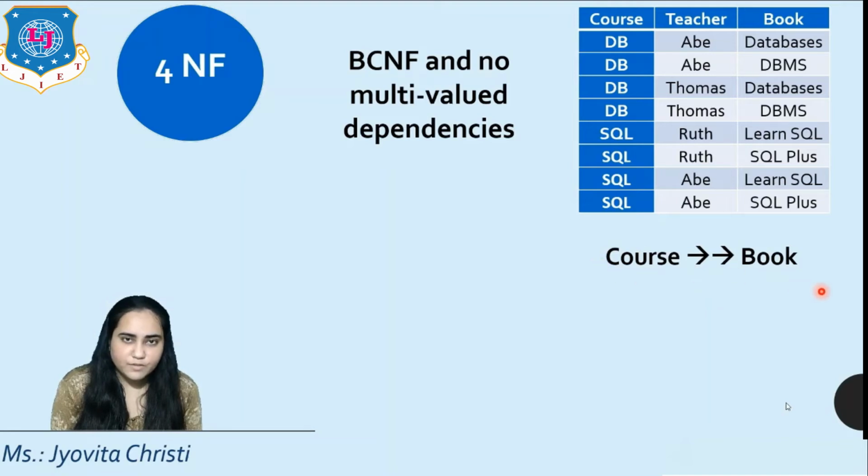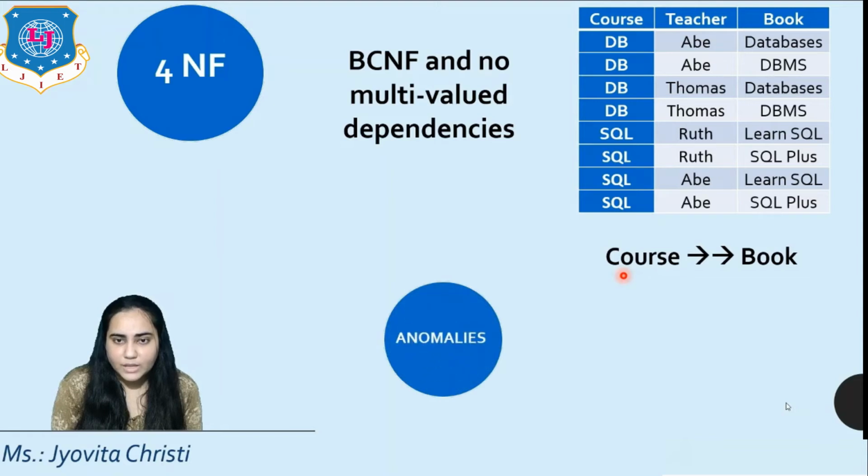And once again, of course, there are anomalies caused by this, but I'm not going to go into detail. By now you get the picture of what anomalies are, and you can yourself point them out. There are insert, update, delete anomalies happening here, of course, because the names of teachers and names of courses and books are repeating. So to remedy this, to remove that multi-valued dependency and bring this table into a 4NF, we need to perform something.